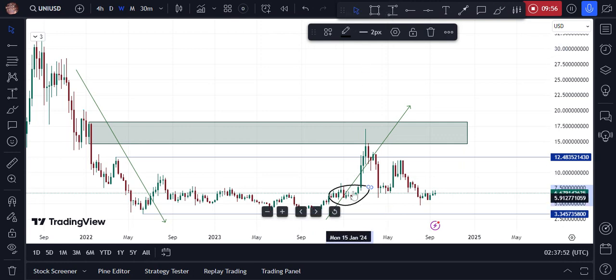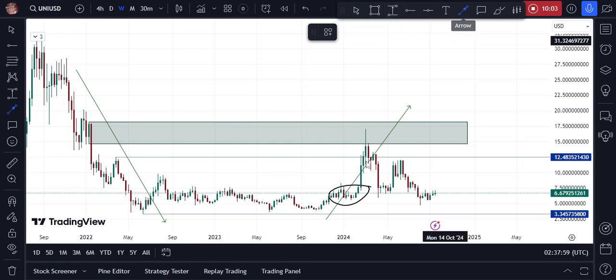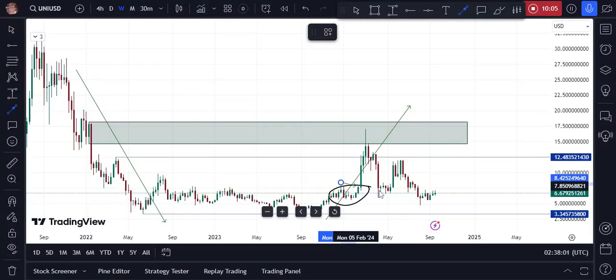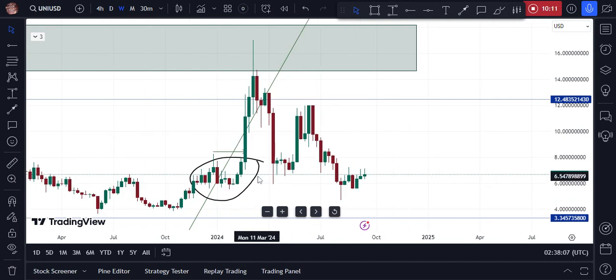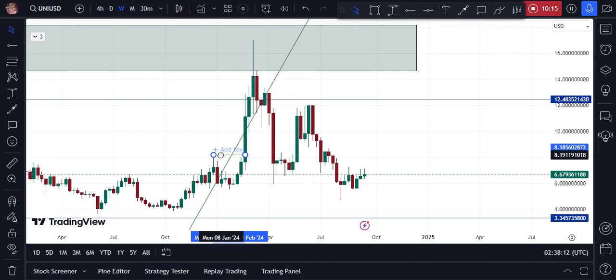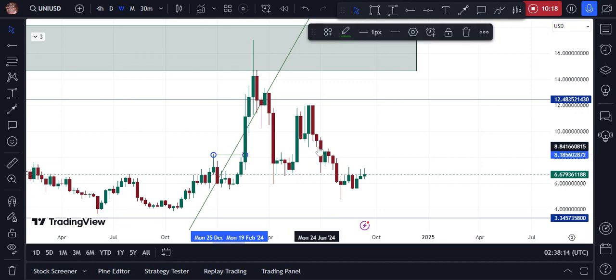Very important. This is the area that signals it, because you can actually say there is a break of structure here. You can actually see this. Sorry, let me make that up so you can see there is a break of structure here.